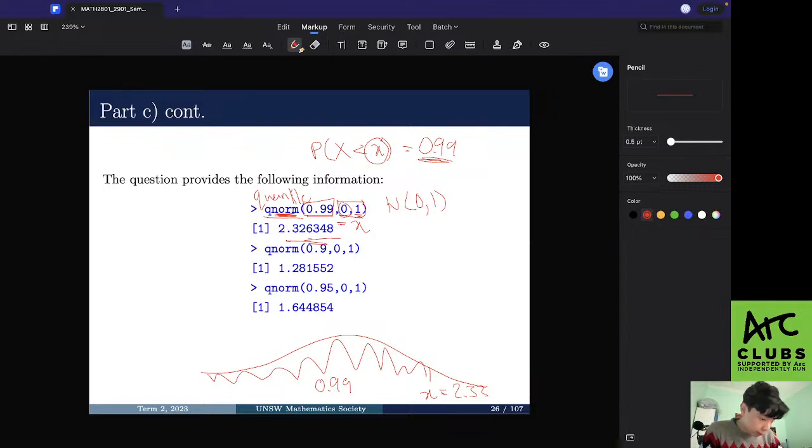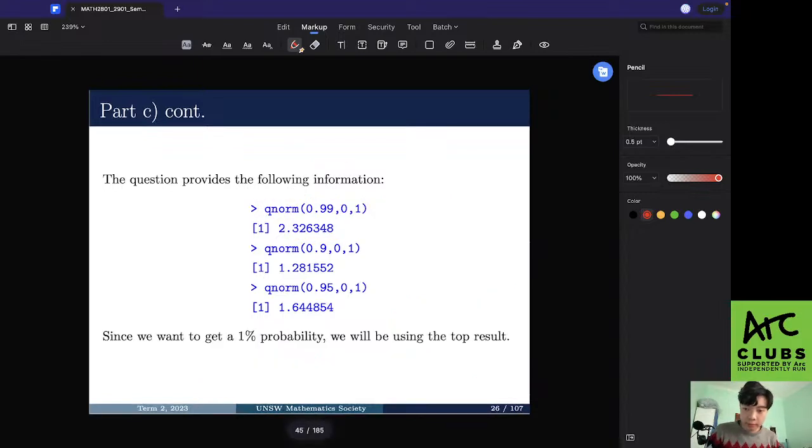Well, we're trying to find values of x greater than some value of x, right? Since we need this to be 1%, we know that we can take this remaining part, which is a 1%, which allows us to use this value right here. So, of course, since we want to get a probability of 1%, we use the top result.